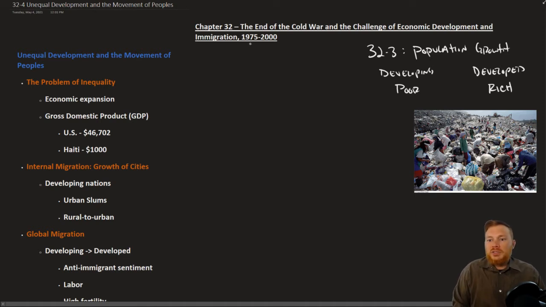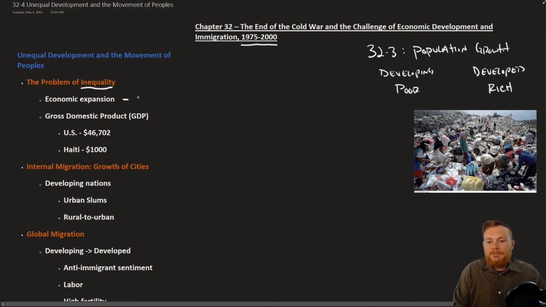And between 1975 and 2000, while it is accurate to say that the world has experienced a faster and greater rise in the standard of living, really ever, it's also true that it's led to big differences between rich and poor.